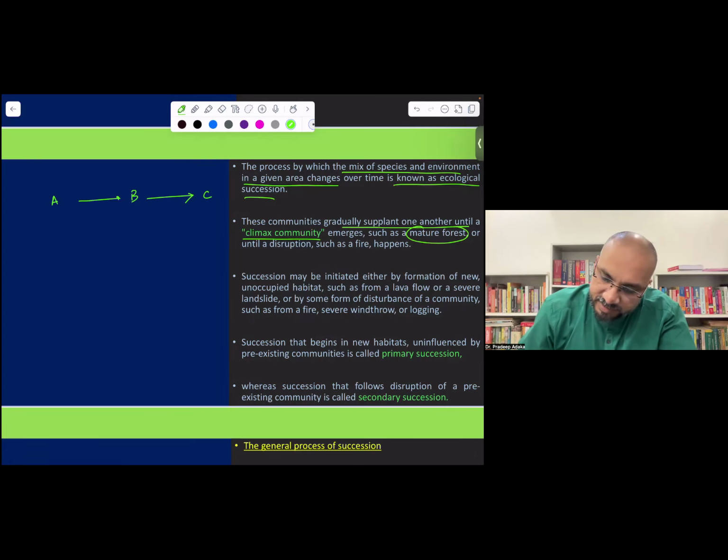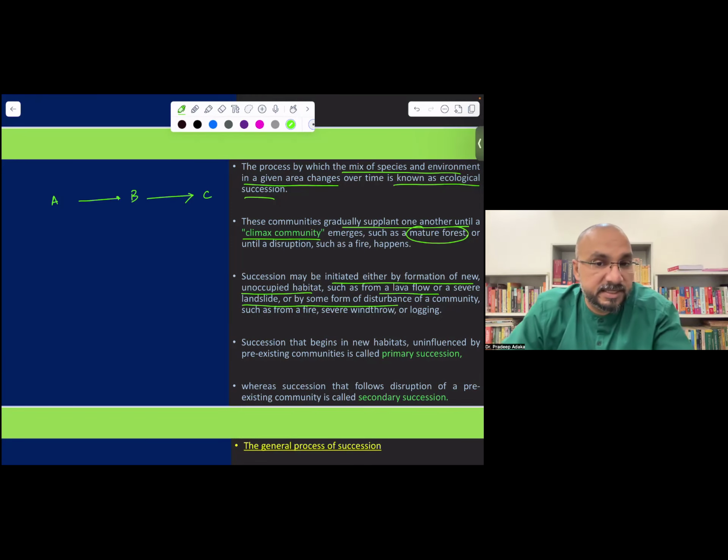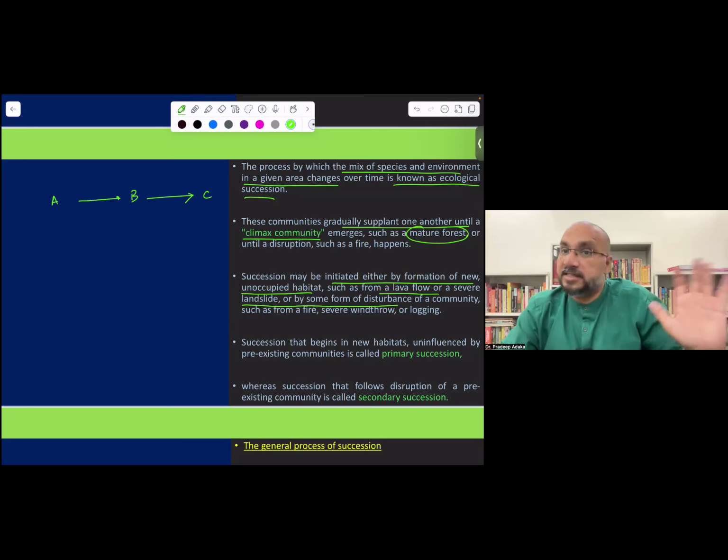Succession may be initiated either by formation of a new unoccupied habitat, such as from lava flow or severe landslide, or from some disturbance of a community, such as after fire, wind damage or logging. So it can happen from the beginning or after a certain disturbance.